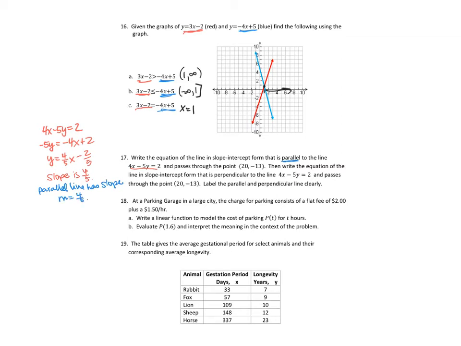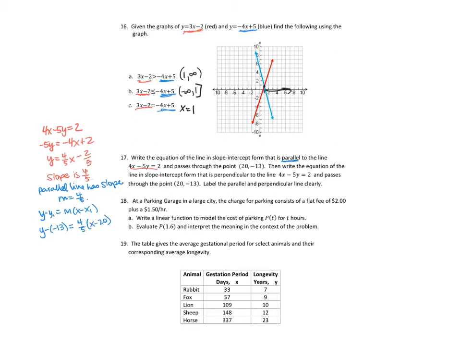And I want it to go through the point (20, negative 13), so I'll use point-slope form. I plug in my point, 20, negative 13, so I'll have y minus negative 13 equals 4/5 times x minus 20.